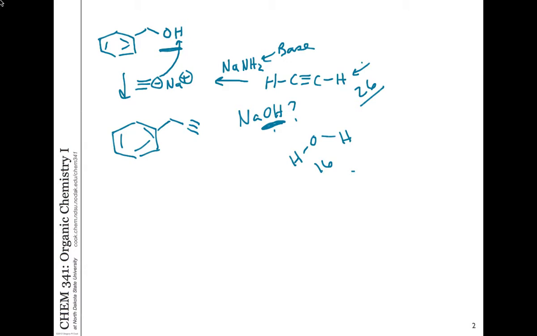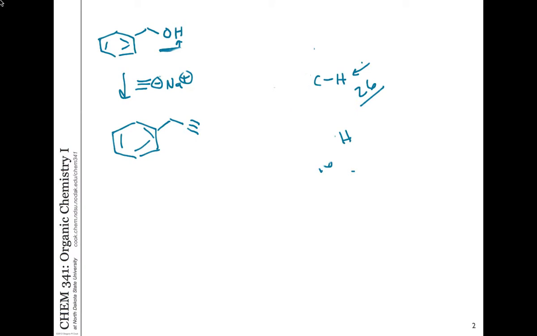So if our goal is to make this product from that alcohol, what do we have to do to the alcohol? We have to make it into a better leaving group and something that's not acidic, right? What good leaving groups were we just talking about? Halides? You could make this into a halide, right?